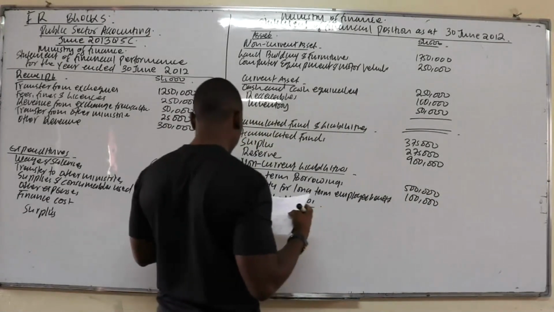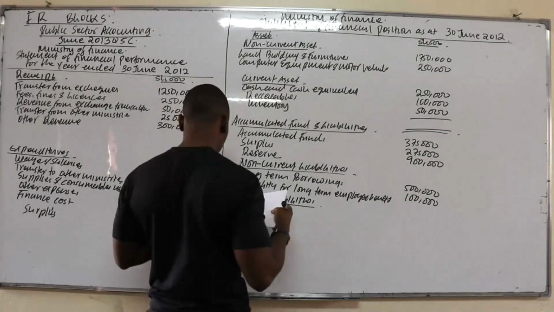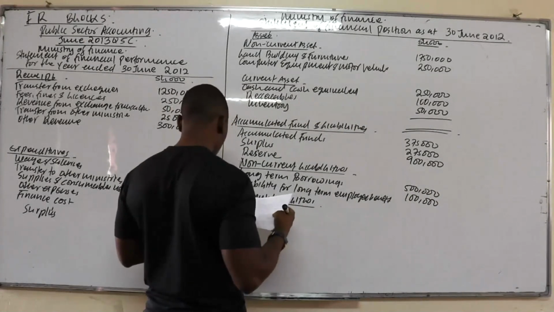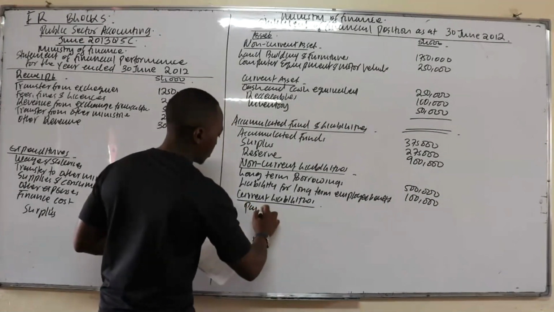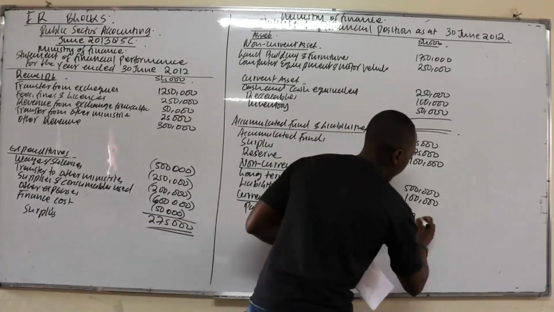The current liabilities, we have payables, an amount of 250.